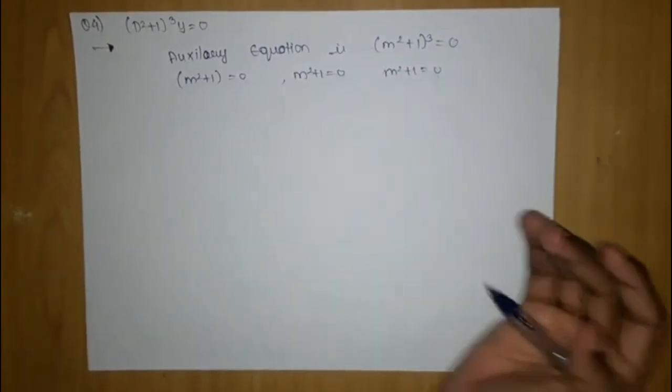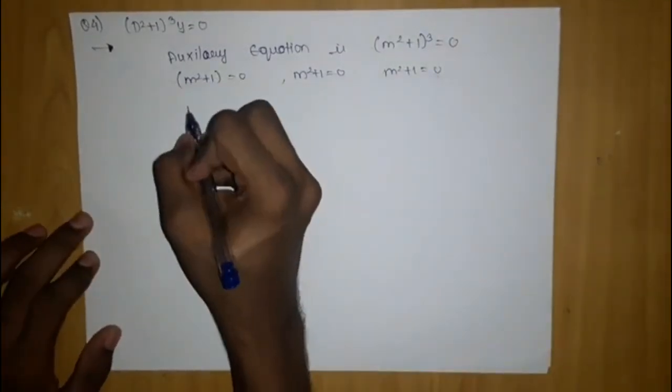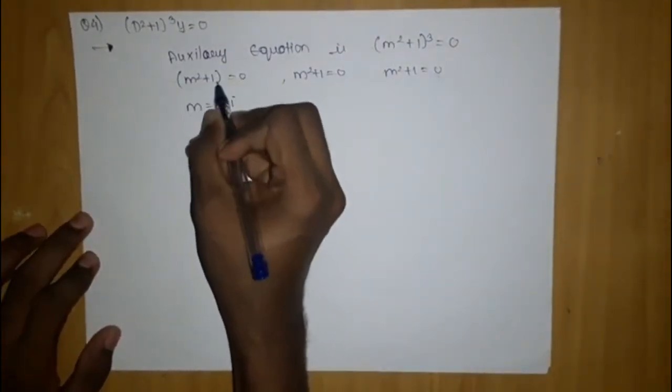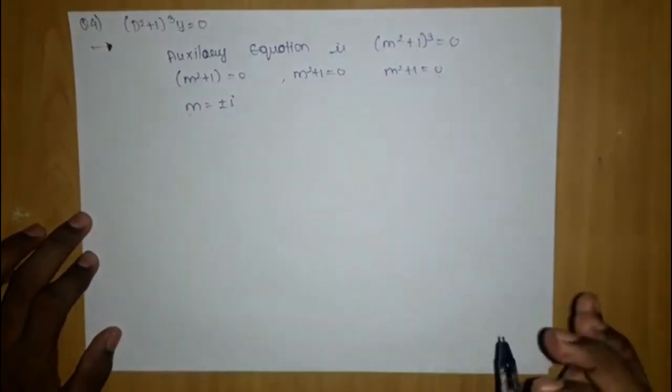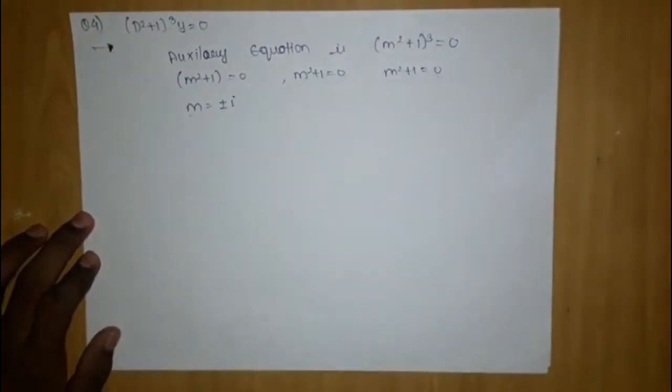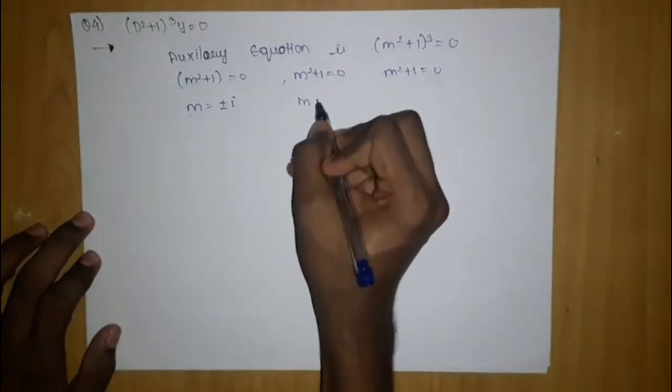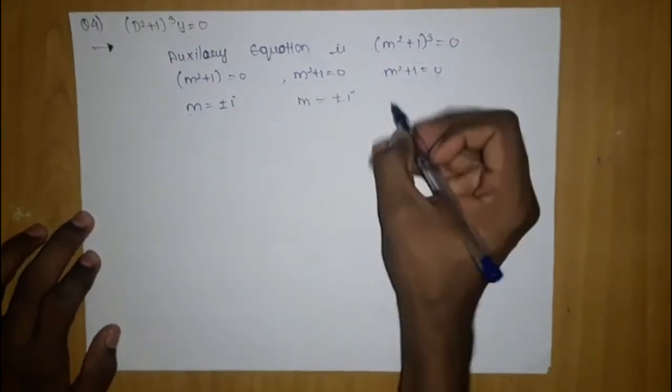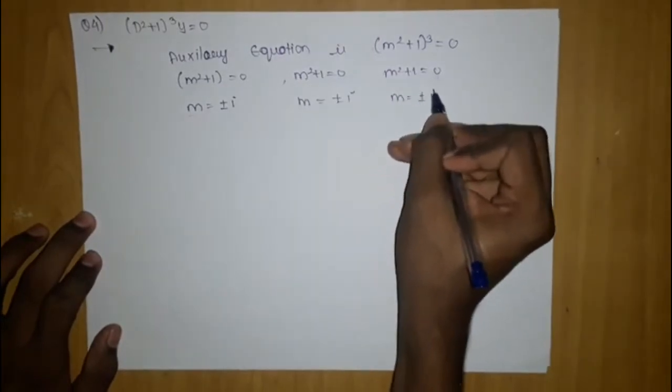If a cube or fourth power appears, you have to just split them and solve them separately. So here m equals plus minus i, because if we move it to that side, I will get minus 1, and taking the root, plus minus under root minus 1, which is i. Here I will have plus minus i again, and here m equals plus minus i again.